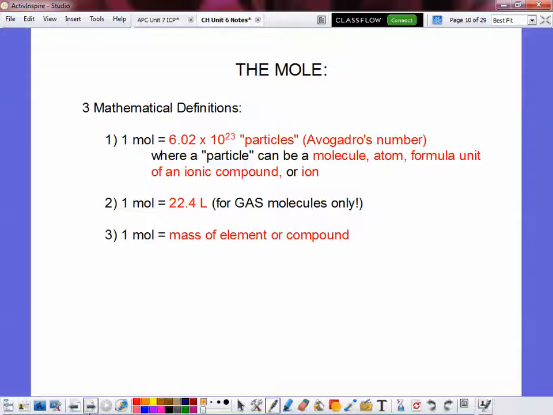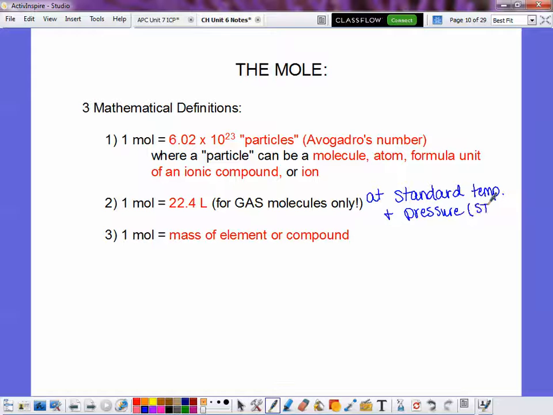1 mole of gas molecules also takes up 22.4 liters of space. Now, there's a caveat to mathematical definition number 2. 1 mole taking up 22.4 liters of space is only true for gas molecules, and only works at standard temperature and pressure, or more commonly referred to as STP.